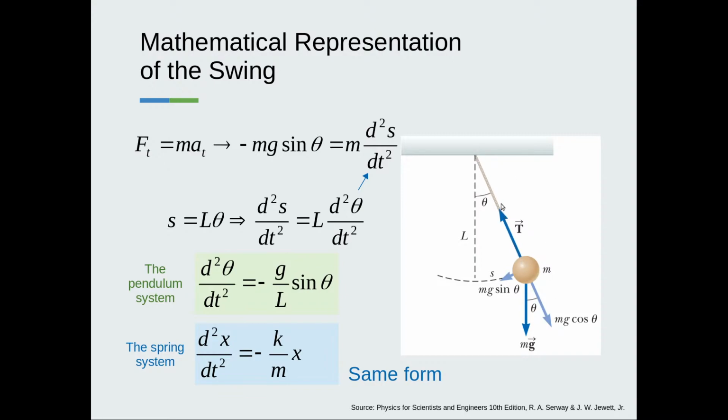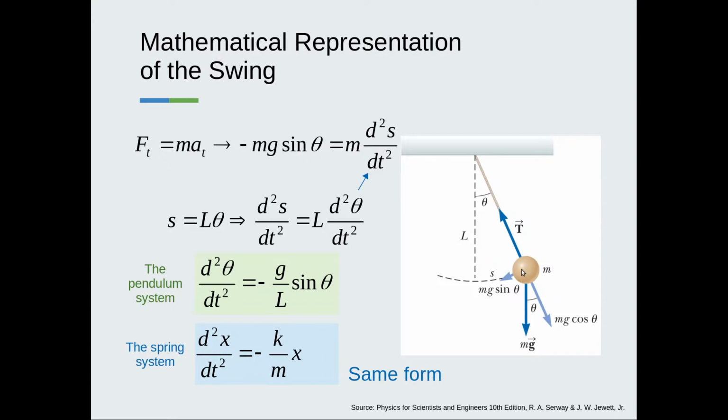This is the tension, and the gravity is pulling your mass. Actually this is the gravity which is driving your pendulum swinging, and let's decompose the gravitational force into two components.